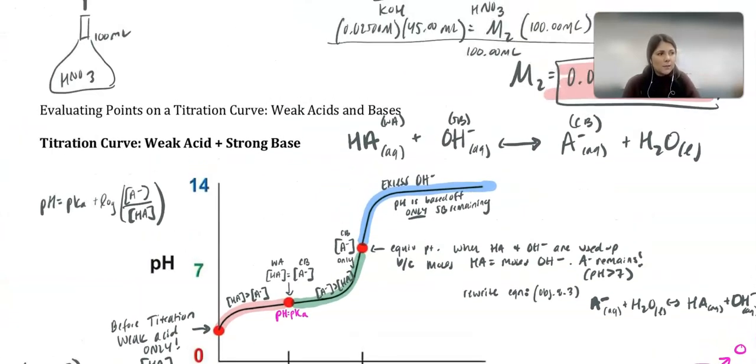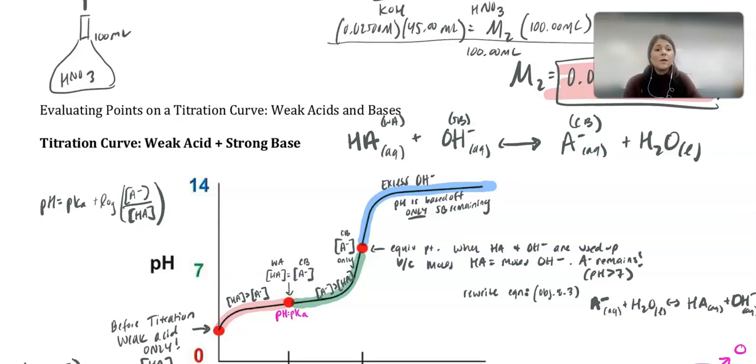So what's going to happen is you're going to have some of the hydroxide and some of the conjugate base remain, both bases. And you may think you need to calculate both of these separately or whatever. No, your pH is only due to the strong base because this 100% breaks up. Your A minus, we know, is weak.